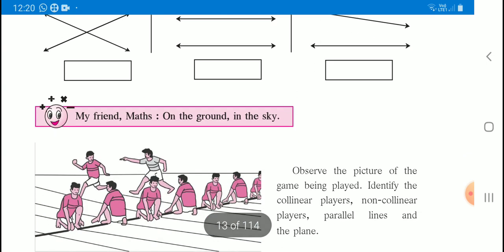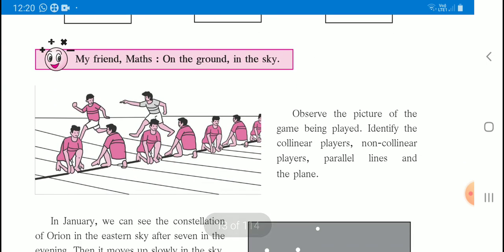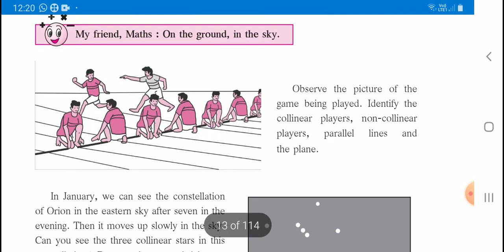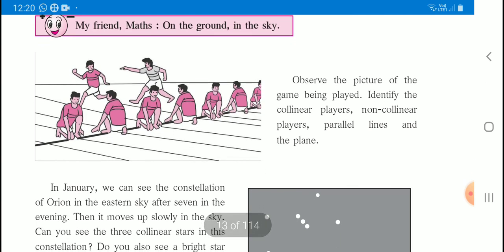Now you can see the next figure. Observe the picture of the game being played. They are playing Kho. Identify the collinear players. Now I already told you what is meant by collinear points. Three or more points which lie on a single straight line are known as collinear points.